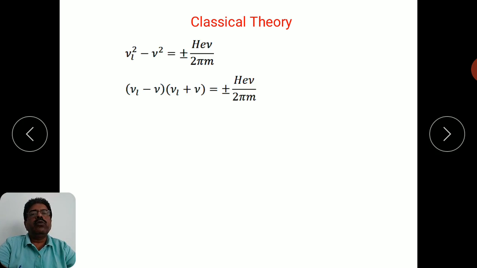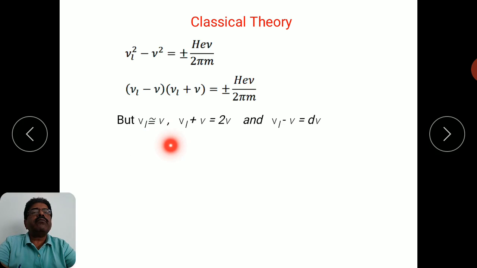Now if nu L is approximately equal to nu, meaning a very small change in the frequency, then nu L plus nu will be approximately 2 nu, and nu L minus nu will be a very small change, that is d nu.